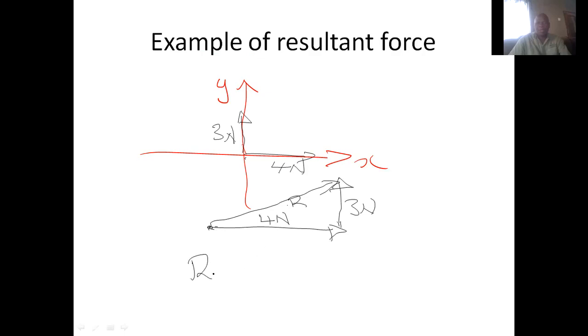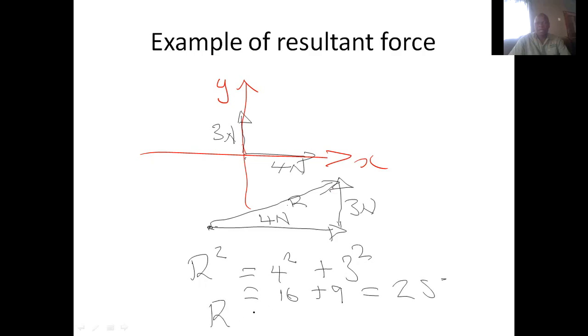So the resultant, we can use Pythagoras theorem, which will be equal to resultant squared equals 4 squared plus 3 squared, which gives us actually 16 plus 9, which is 25.